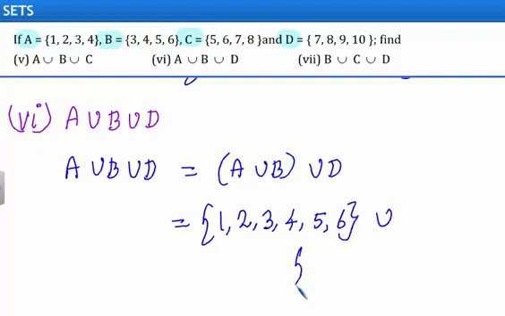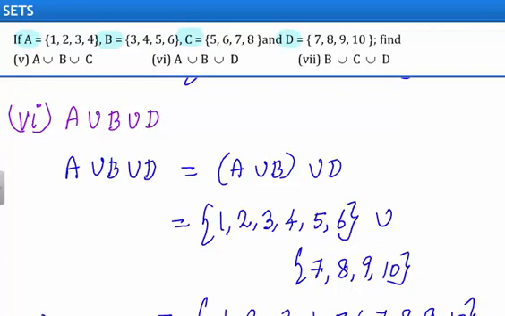Union the set D. This will be equal to set of first 10 natural numbers. So this is A union B union D.